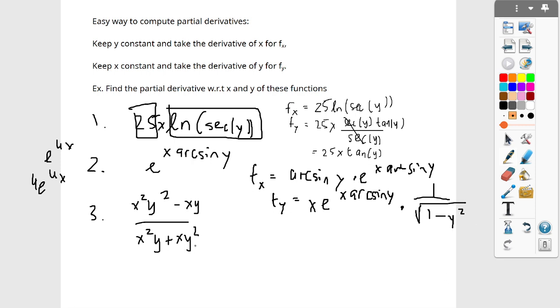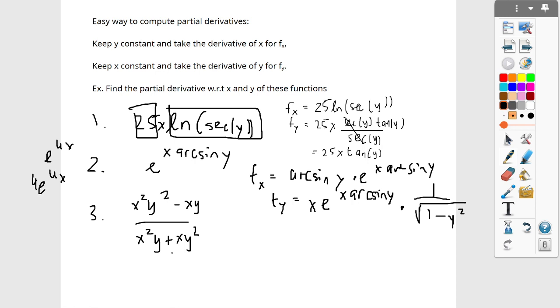So this is just all about trying to remember what is a constant and what is not a constant, and remembering the derivative rules that you've learned. So the third one, if you use the quotient rule on this, you should not leave it like that.